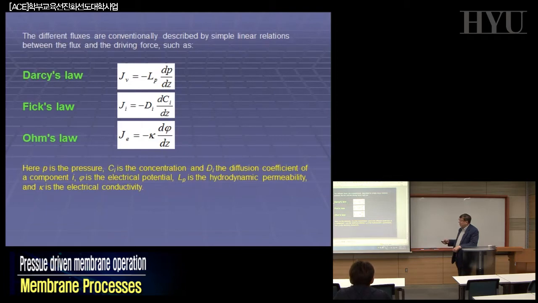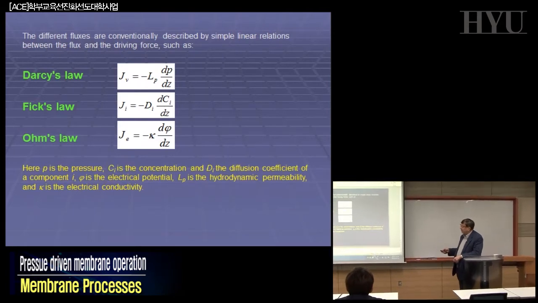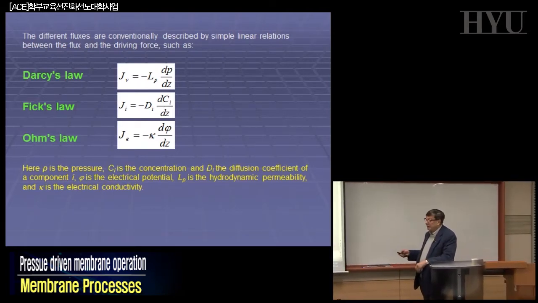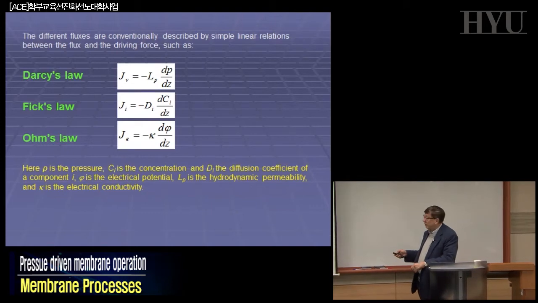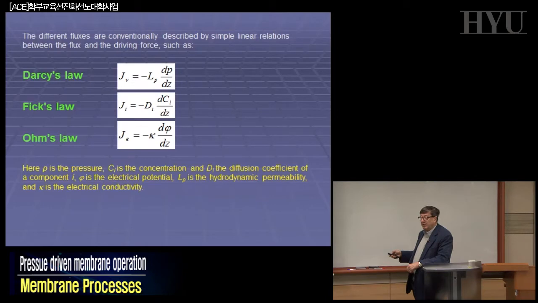A similar relationship exists with Fick's law, when instead of considering a difference in hydrostatic pressure, you are considering a difference in concentration. And so you have the same kind of relationship with D, in this case, as the diffusion coefficient, which you are familiar with, and you have a concentration difference divided by the thickness, again, of your membrane.